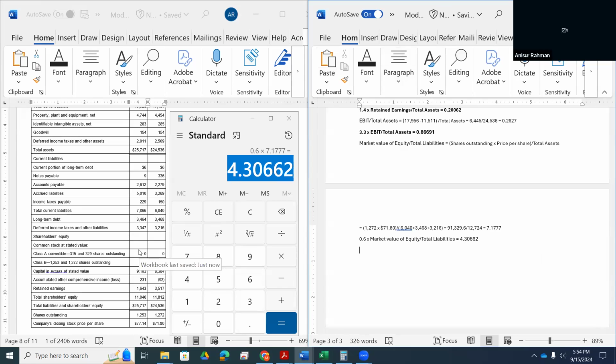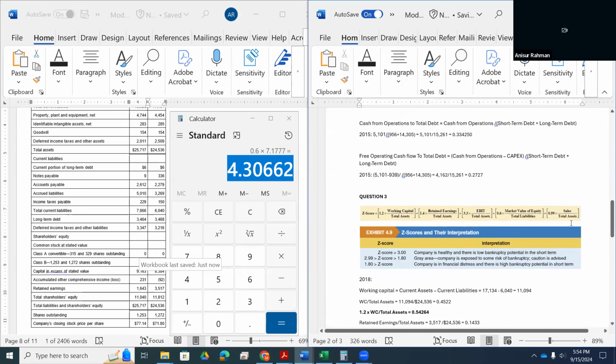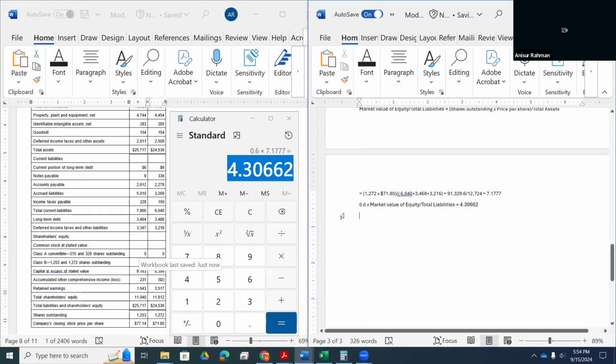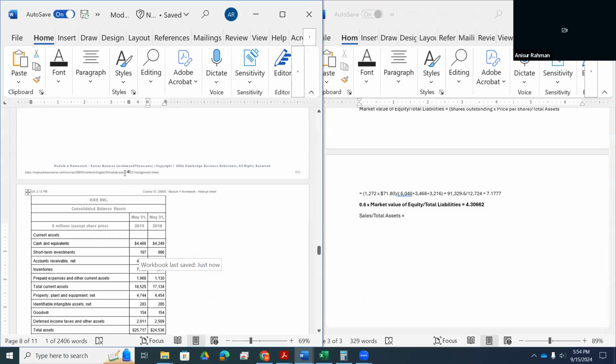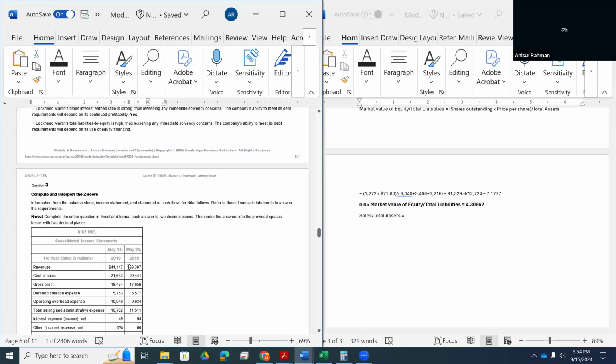Now our next component is sales over total assets. This one is easy. Our sales was 38,397.